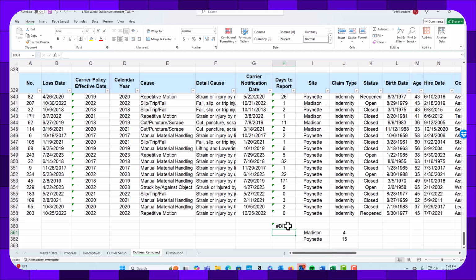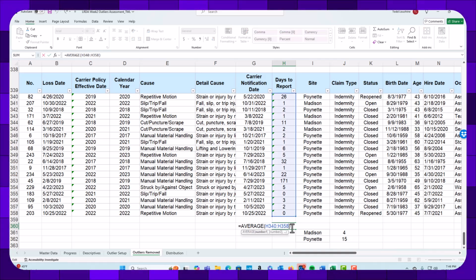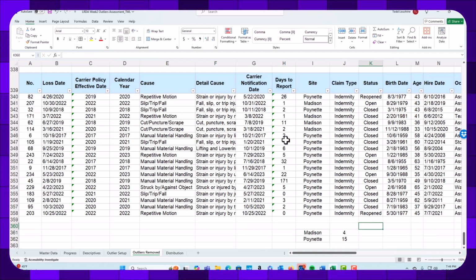Division by 0. Average. I don't get that at all. I don't know what I did there, you guys. Are these numbers? Yeah, they are.